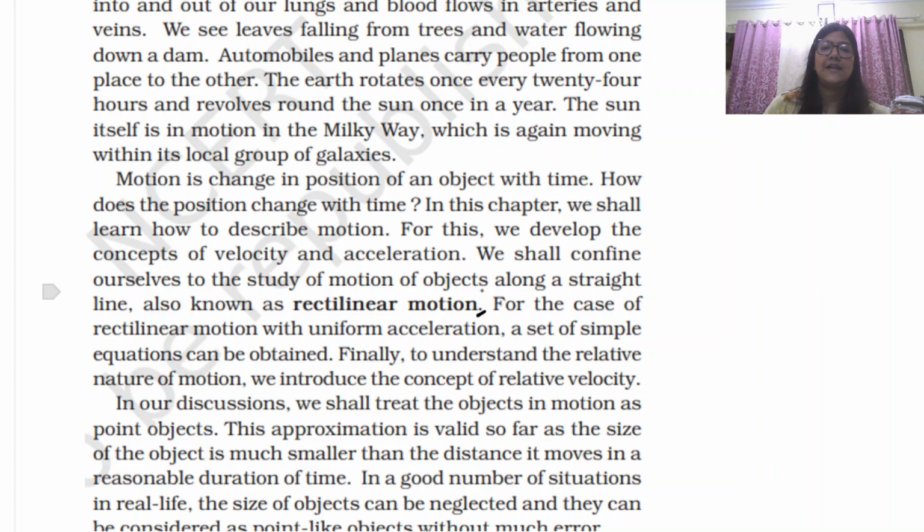Then it talked about motion in a straight line. Let's say we have an object here, and this object is moving in a straight line. That is called rectilinear motion. Why is it called rectilinear? That is not really important.